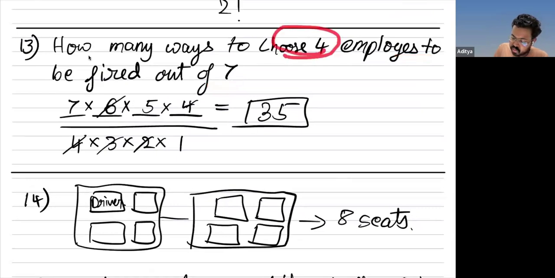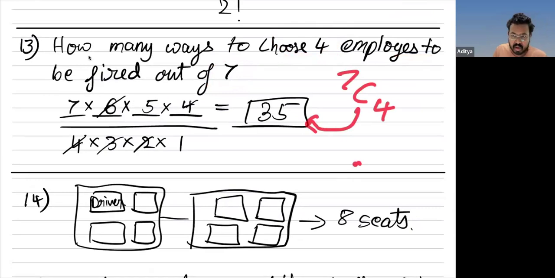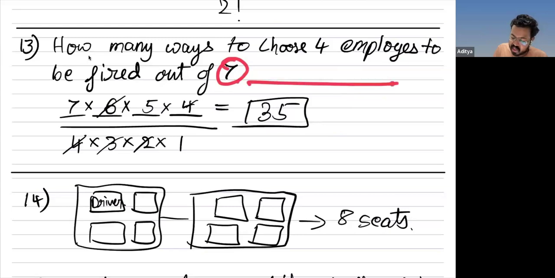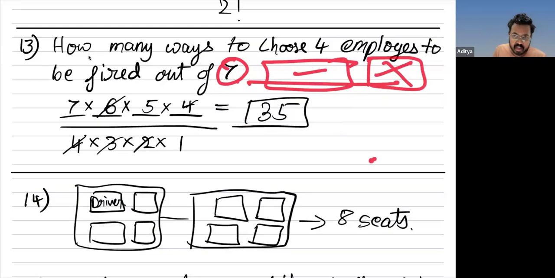If you just want to choose 4 employees out of 7, that means you are doing 7C4. And we have done 7C4 today a long time ago, no? So the answer comes out to be 35. Here we did the same thing. You arrange all 7 employees in a line, and the last 3 you will reject. The first 4 you will consider for firing.